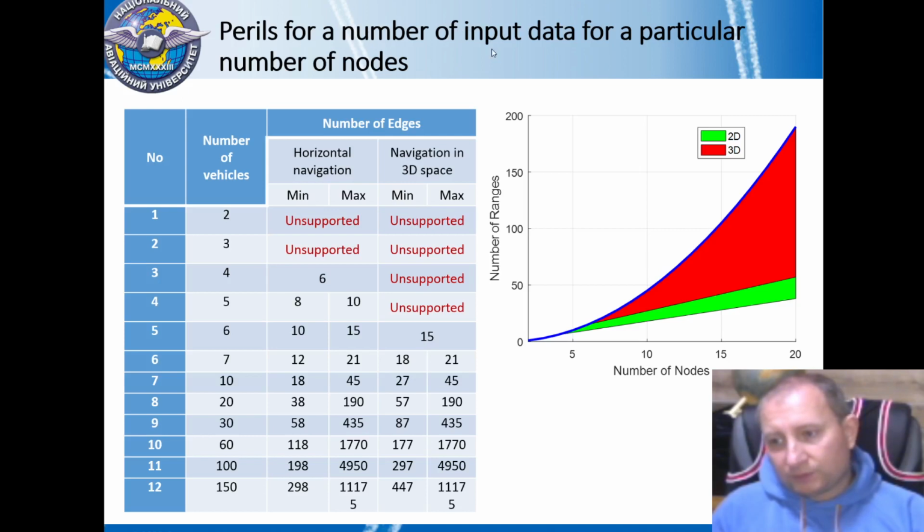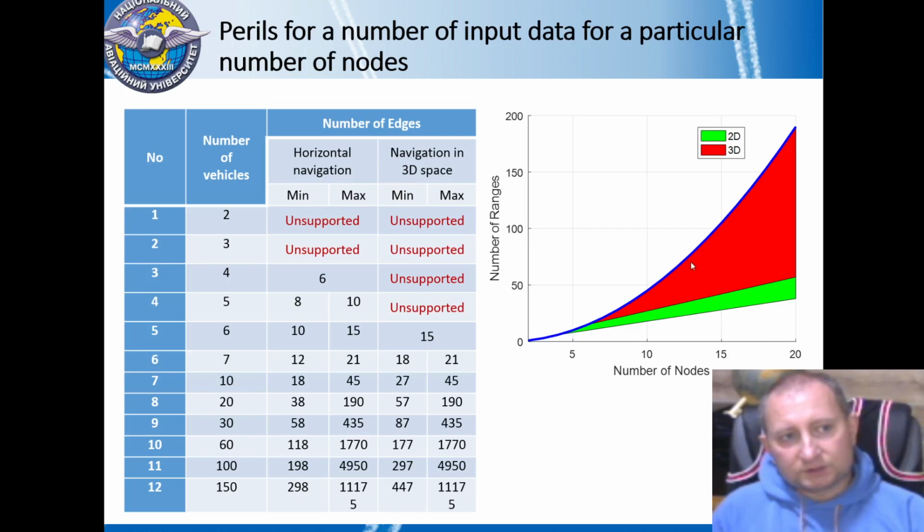If we can represent this data in graphical form, we can get a specific area which indicates how many edges or measurements we need to get our coordinates. Here is the number of vehicles or number of nodes, and here the number of ranges.